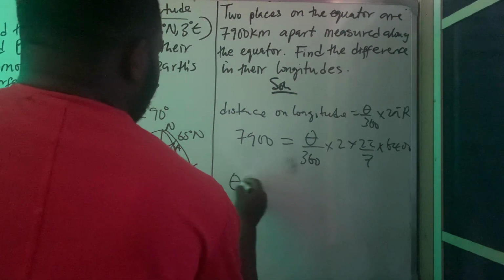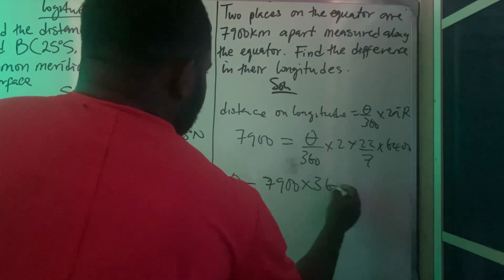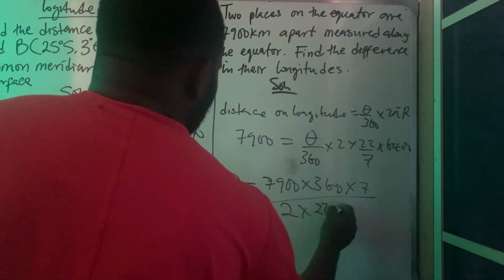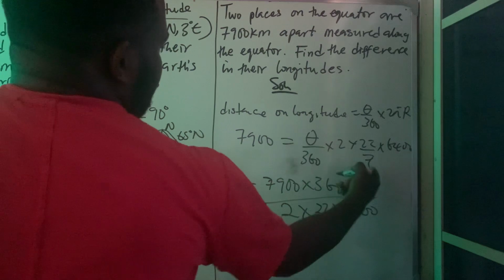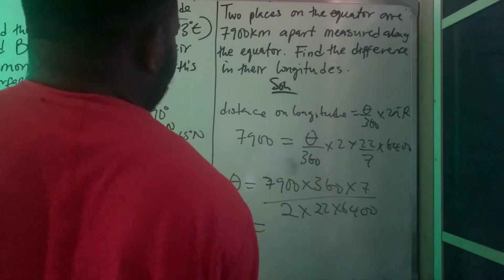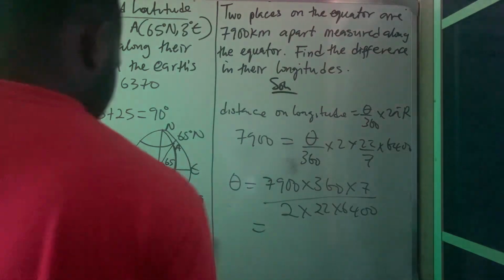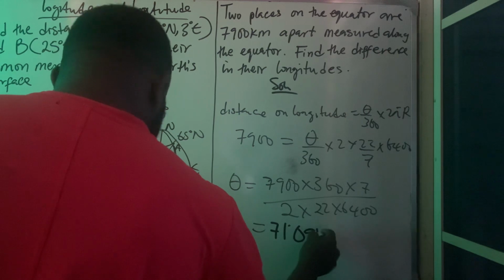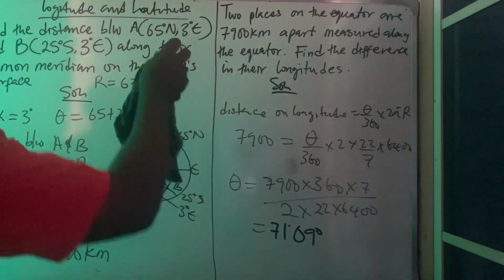So therefore, my theta will be 7,900 times 360 times 7 divided by 2 times 22 times 6,400. If you want this to stay alone, the one down will go up, the one up will come down. That is the fastest way to cross multiply. So if you do that, you're going to have 71.09 degrees. Okay, as simple as that. So now let's talk about distance on a small circle.